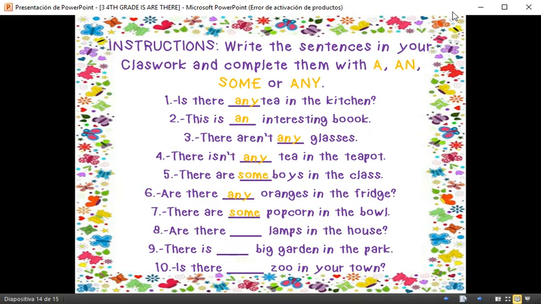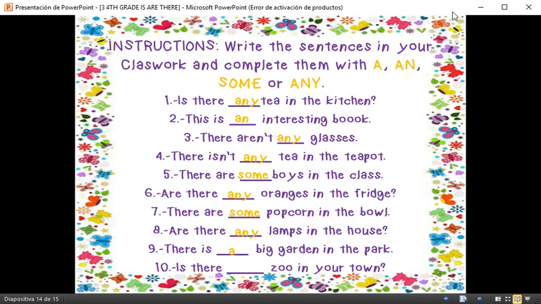Number 8, are there any lamps in the house? Are there any lamps in the house? Any? Because we have question. Number 9, there is a big garden in the park.